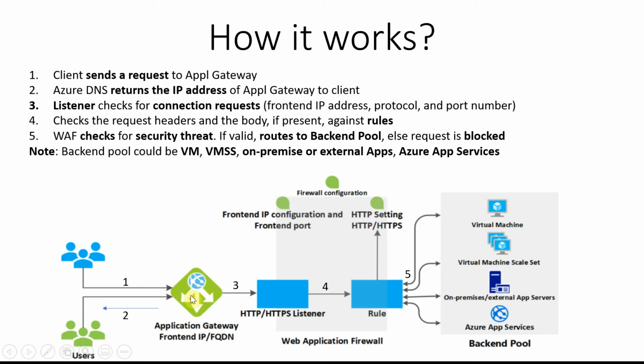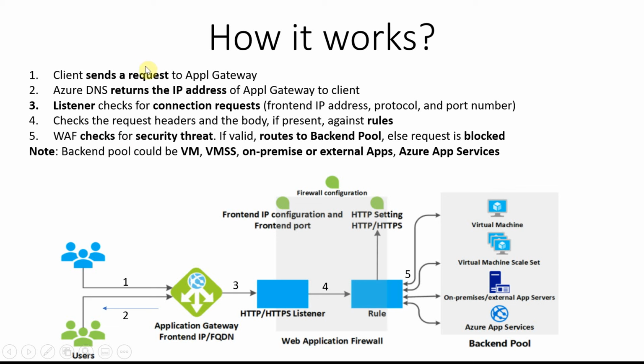In this process it will apply all these rules and decide which IP to send from the backend pool. It will pick one IP out of these many and give the IP address back to the browser, and the browser will directly contact that resource. So it's a similar concept to how this works.